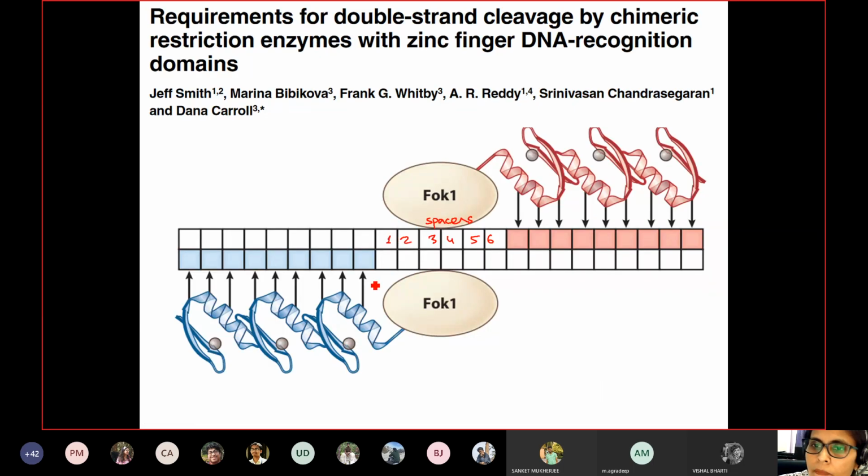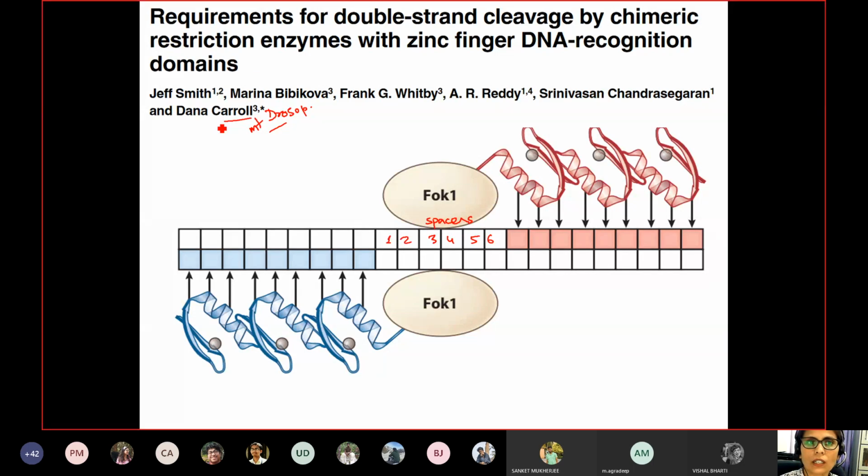And similarly, they also figured out the orientation for these two tandem repeats, exactly this half or the other half. So now these kinds of enzymes were used by Chandrasekharan as well as Dana Carroll, who was working on Drosophila. She worked on this and was able to prepare some kind of mutants using these zinc finger nucleases.